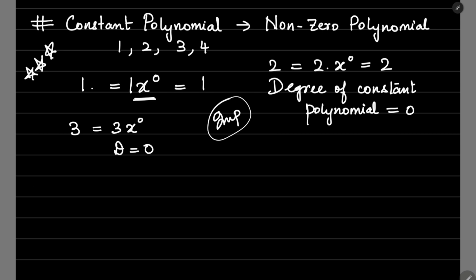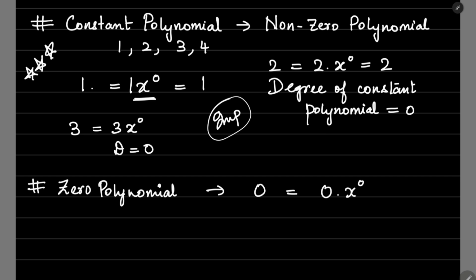The next type of polynomial is called zero polynomial. What do you mean by zero polynomial? If you are given 0 and asked what is the degree of the zero polynomial? 0, I can write as 0 multiplied by x to the power 0, it is 0. 0 into x to the power 1, it's again 0. 0 into x to the power 5, it's again 0.